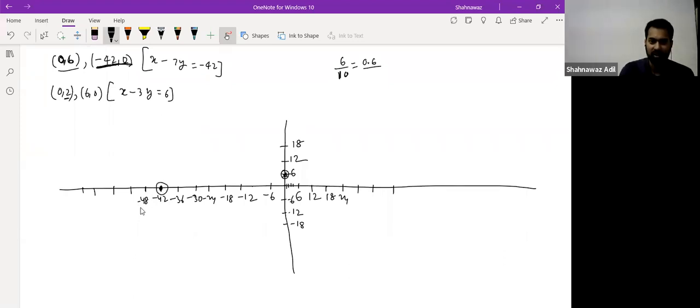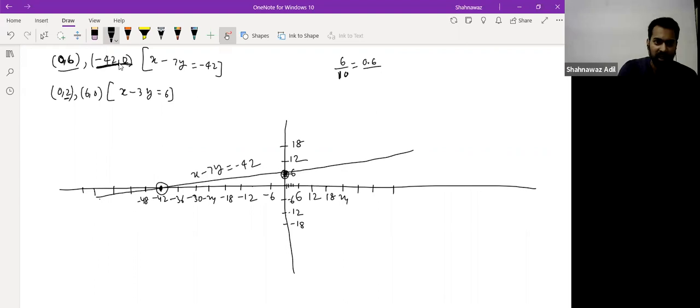So what will be the line? This will be the line. Understood? So this line is x minus 7y equals minus 42.